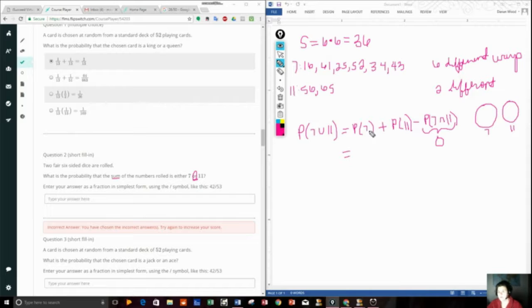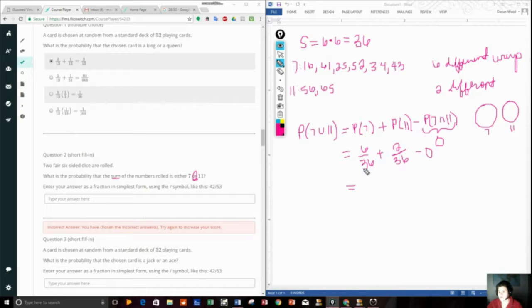All right, so the probability of the sum being 7, well, there's 6 ways out of 36, plus probability of the sum being 11, there's 2 different ways out of 36, and like I said, there's no intersection, so we're subtracting 0.